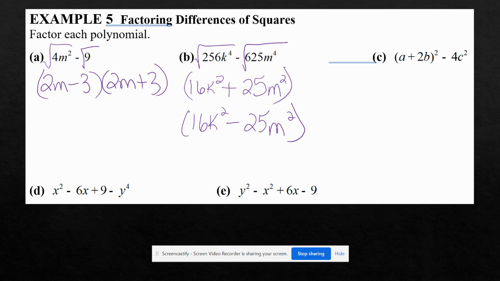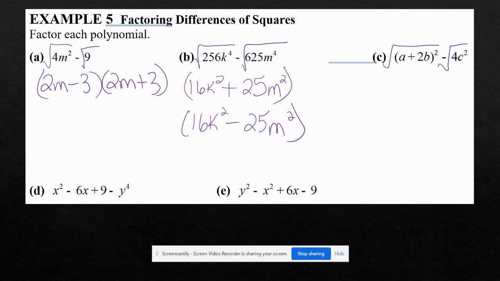All right, well, we have technically this parentheses is one term. 4c squared is the second term. We have subtraction in between them, so this technically would be a difference of squares. Square root, remember we don't have the minus underneath the radical. We don't have i's here.